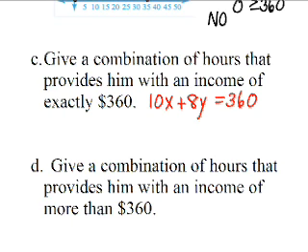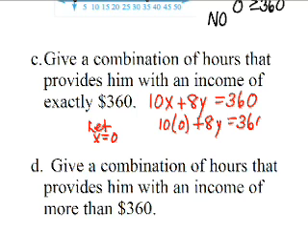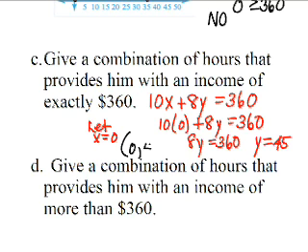There are many possibilities, but one is when we let x equal 0, we get 10 times 0 plus 8y is 360. 8y is 360, so we get that y is 45. So this gives us a possible answer of (0, 45).